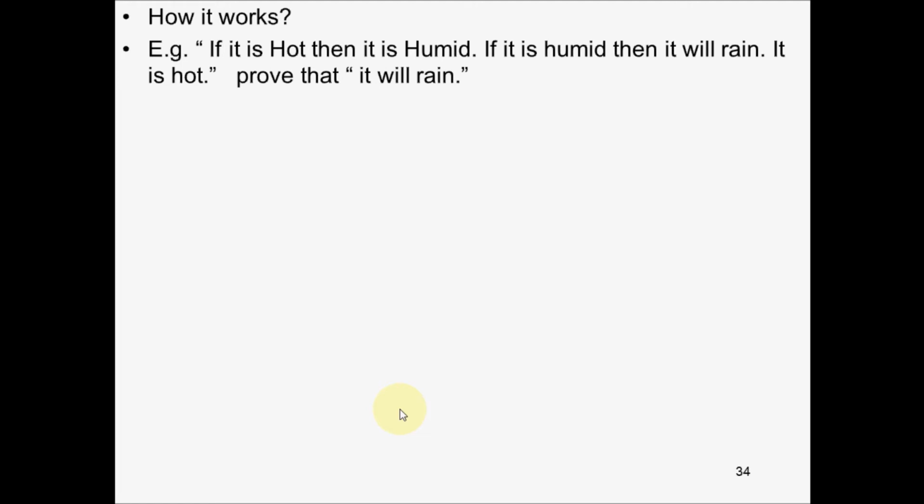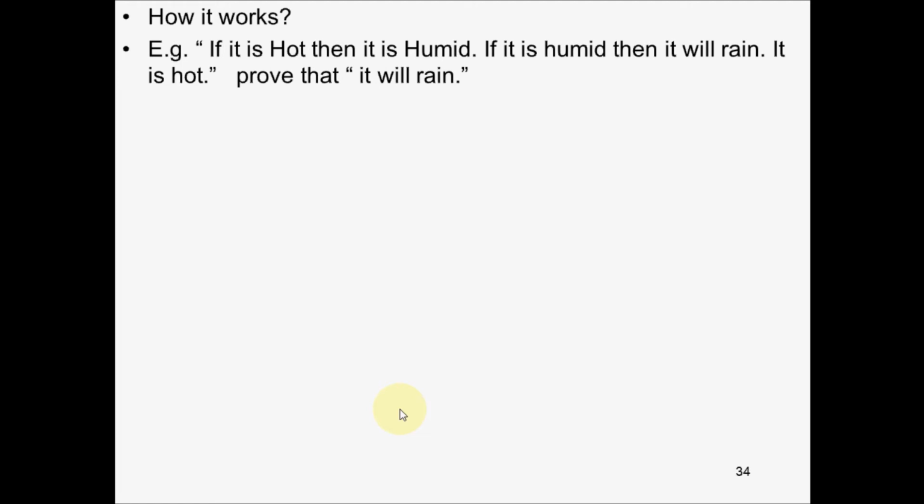First sentence: if it is hot, then it is humid. Second sentence: if it is humid, then it will rain. Third sentence: it is hot. What is asked to prove? Prove that it will rain.